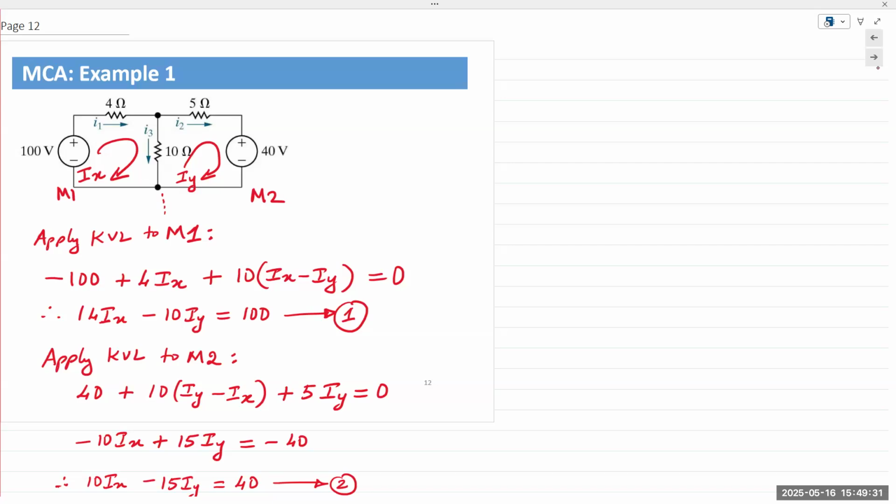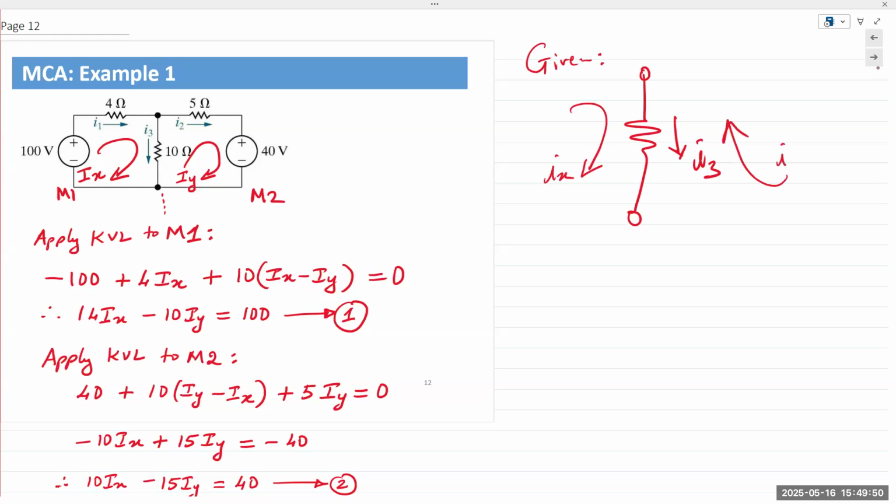Again, I3 is given as flowing in this direction. If this is given, and Ix is coming down and Iy is going up, then I3 must be calculated as Ix minus Iy.